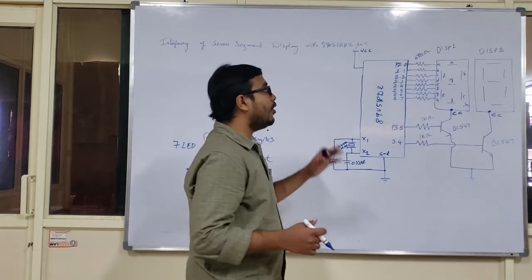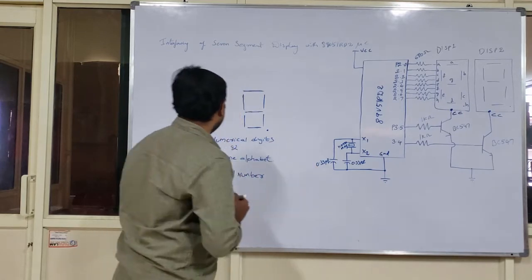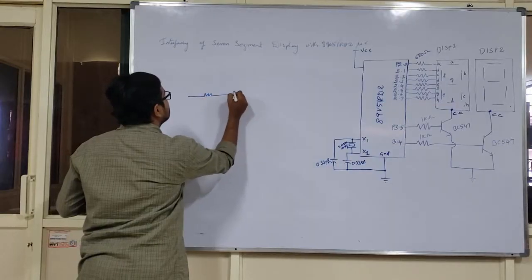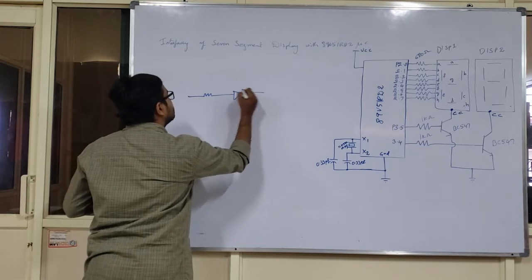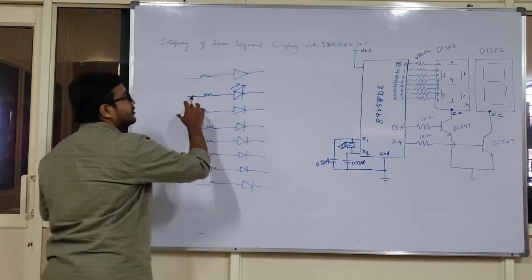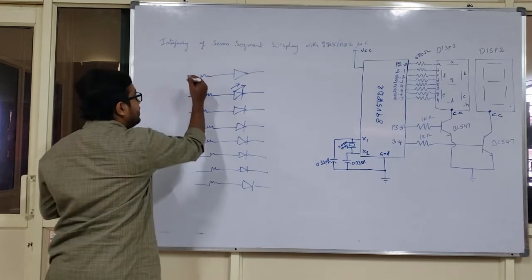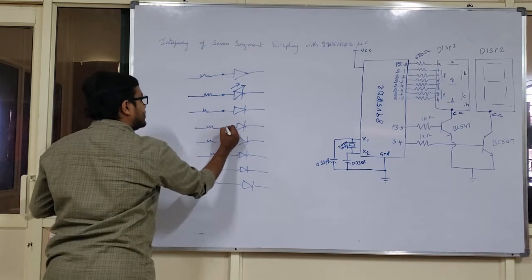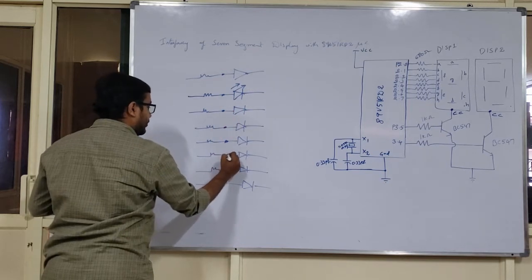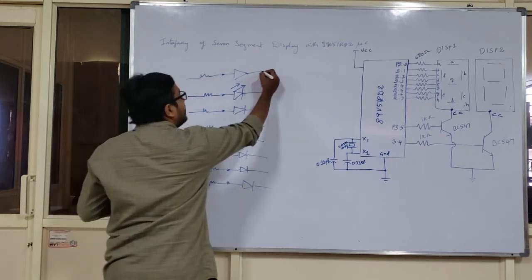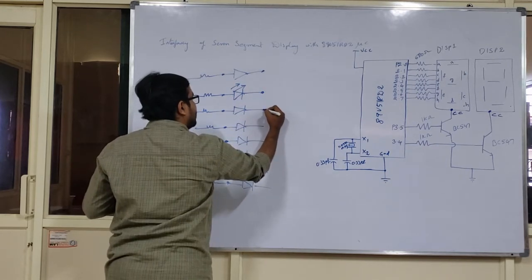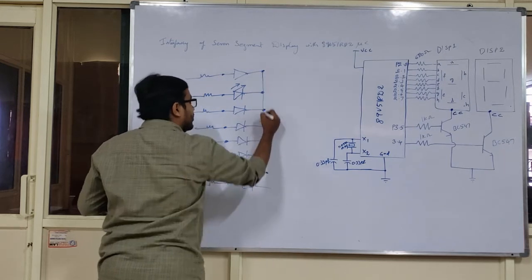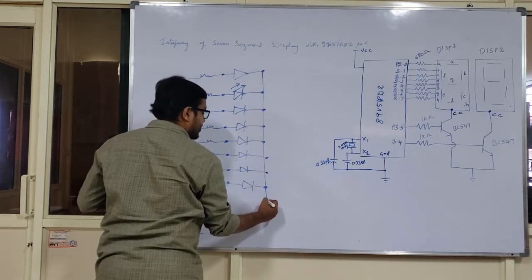So what will its internal architecture be? Its internal architecture will be like this. These are the different and individual anode terminals of the light emitting diodes, and all the cathode terminals of your light emitting diodes are connected to logic 0, that is ground.